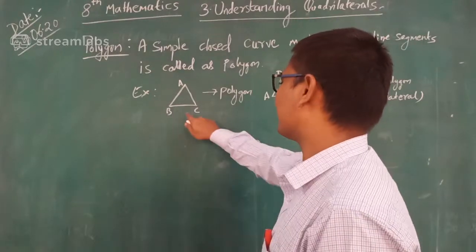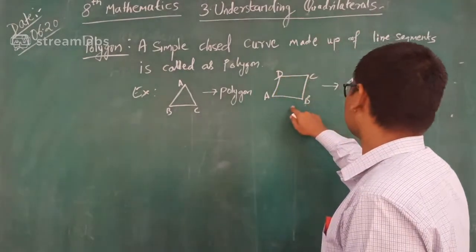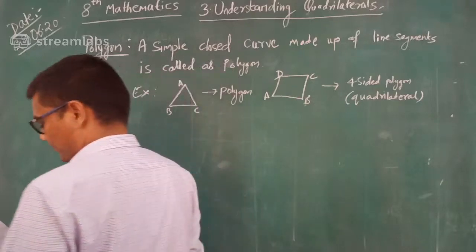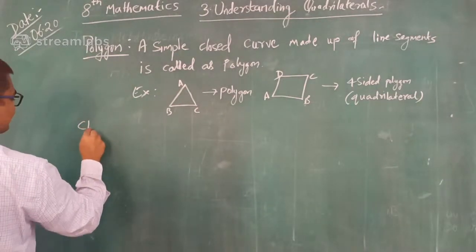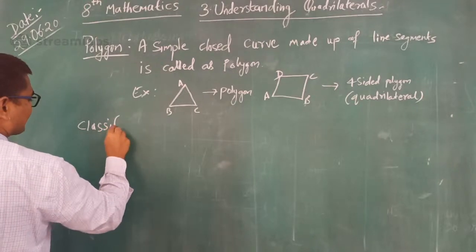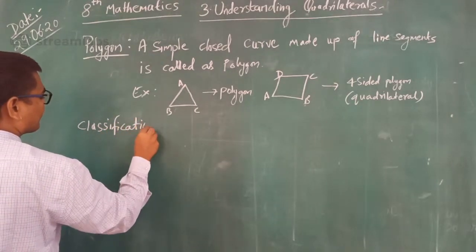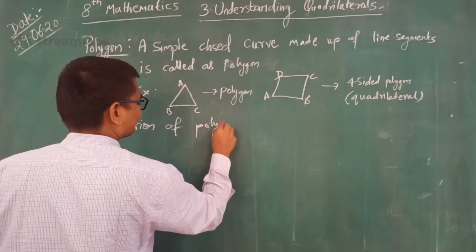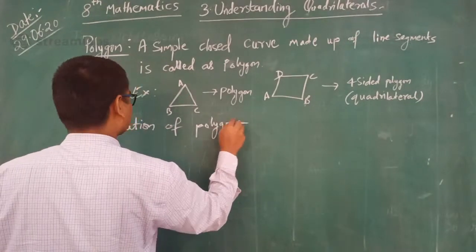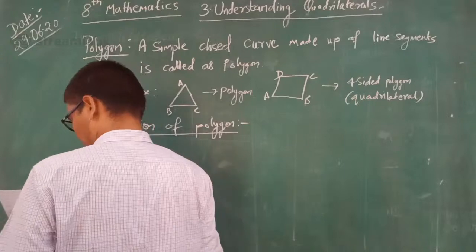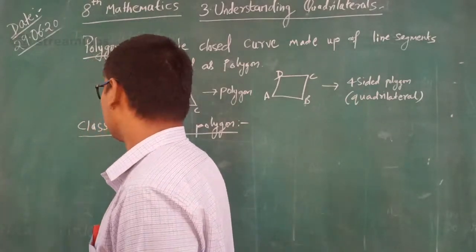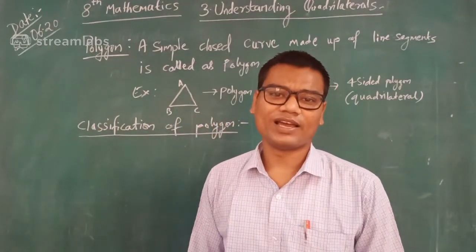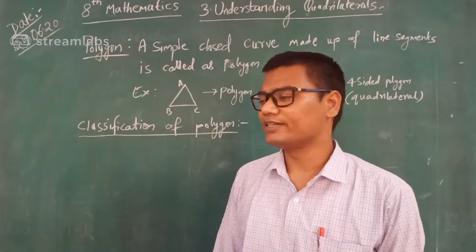So a triangle is a polygon, a four-sided figure is a polygon. Now, classification of polygons. This classification we will do on the basis of the number of line segments or the number of vertices.